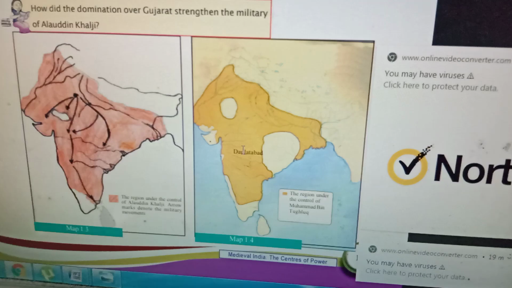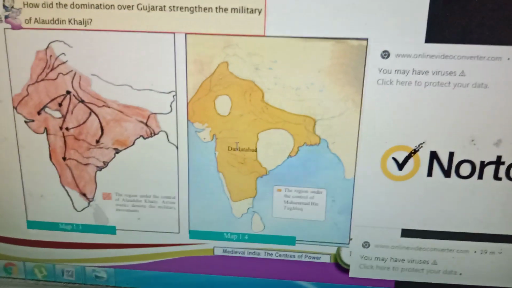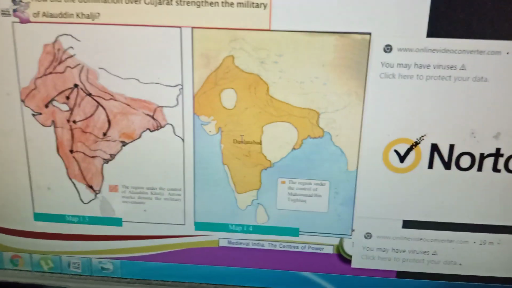So the reason behind shifting the capital from Delhi to Daulatabad or Devagiri was to efficiently rule all parts of the kingdom. If he shifted the capital from Delhi to Devagiri, he could rule all parts of the kingdom efficiently. That was the main reason.